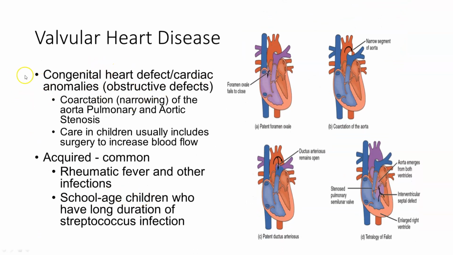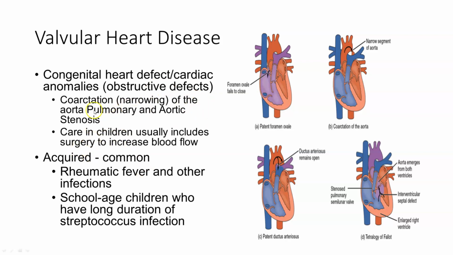We've talked about the fact that it can be congenital or acquired. Congenital heart disease is exactly that. Newborns have structural changes to their anatomy. They have openings or closings or strictures that cause either a decrease in cardiac output or a mixing of deoxygenated blood with oxygenated blood.